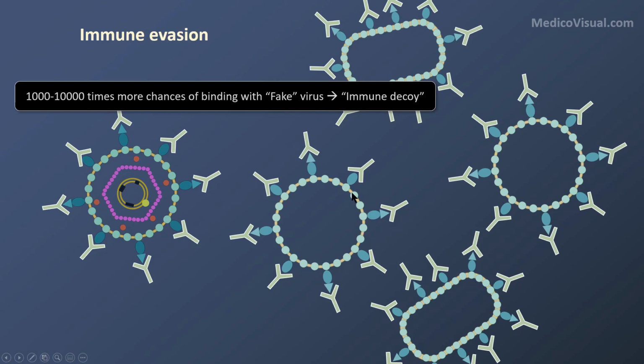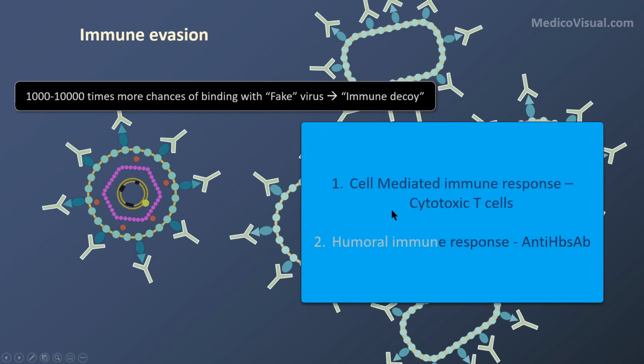So these subviral particles trick the immune system, right? Just like sometimes we are trapped among fake friends or fake enemies, as in this case, right? So in this way, virus tricks the humoral immune response.